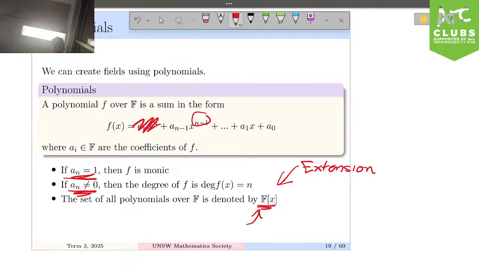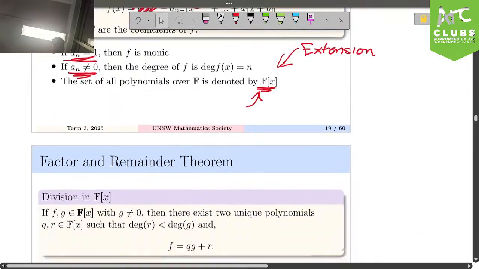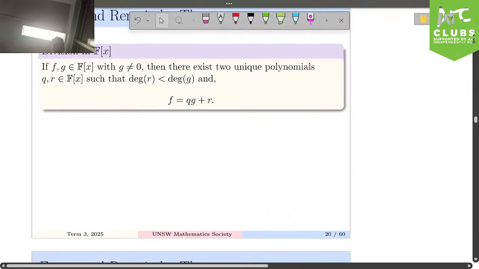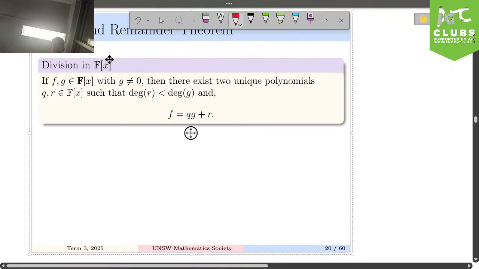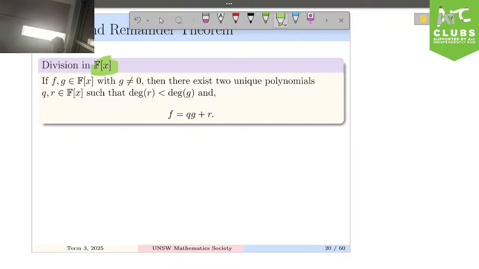And what we do is we extend it with x. x is some unknown value, and we're going to write polynomials, or words: x to the 1, x to the 2, x to the 3, x to the 4, and so on. And this is what we call a field extension. Interestingly, it is also the way that we define complex numbers, but that's a question for another day. Unless you already know, I don't know where you're up to, man. But we're using it to just mean, hey, it's a set of polynomials with scalars in our field.